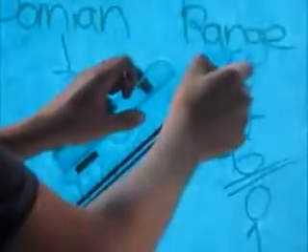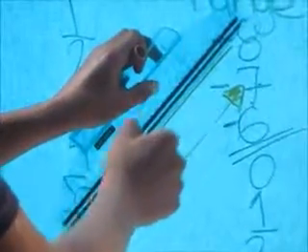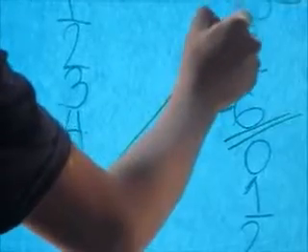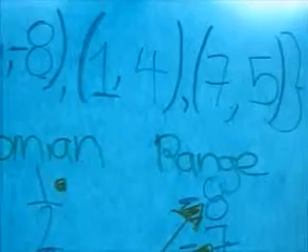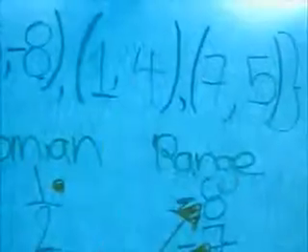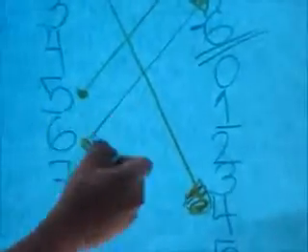The 5 is the domain and -8 is the range. One here is the domain and 4 is the range. And 7 is the domain and 5 is the range.